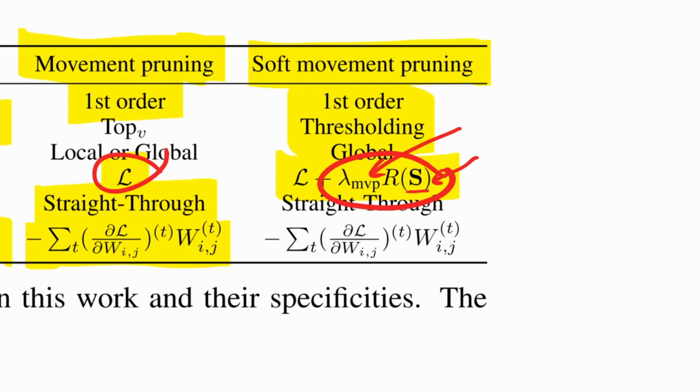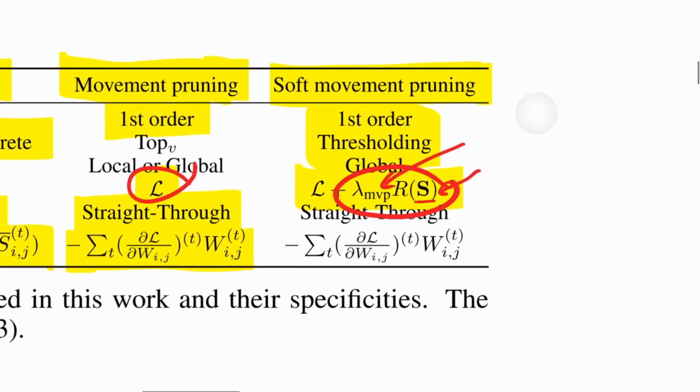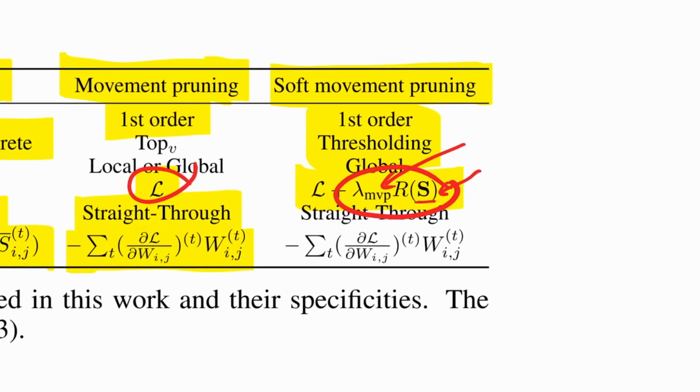And if they are not happy with how many weights they prune, they simply increase or decrease this lambda such that they get to their desired sparsity. Of course, you see there's the direct trade-off with the loss function, right? So the more weight you put on this lambda, the less weight you put on the loss function itself.